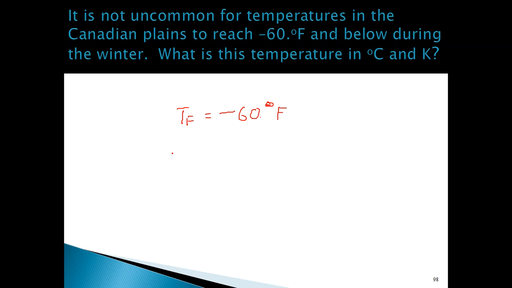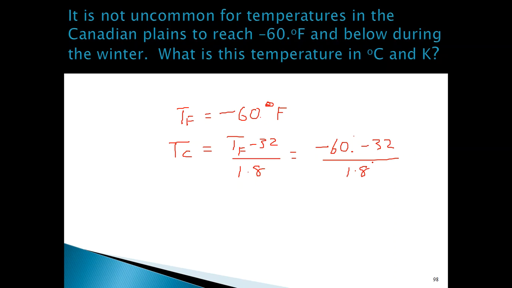So to do the temperature in Celsius, remember we saw that it is equal to the temperature in Fahrenheit minus 32, divided by 1.8. So that would be equal to minus 60 minus 32, all divided by 1.8.